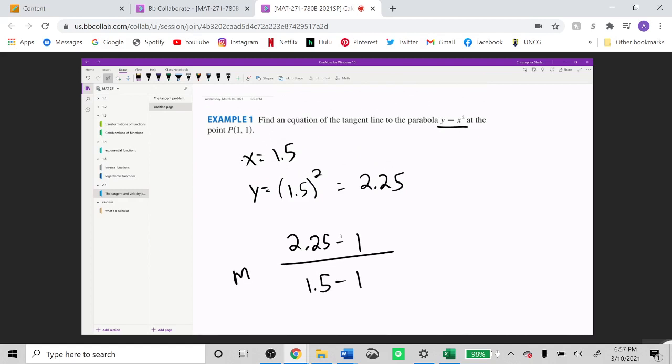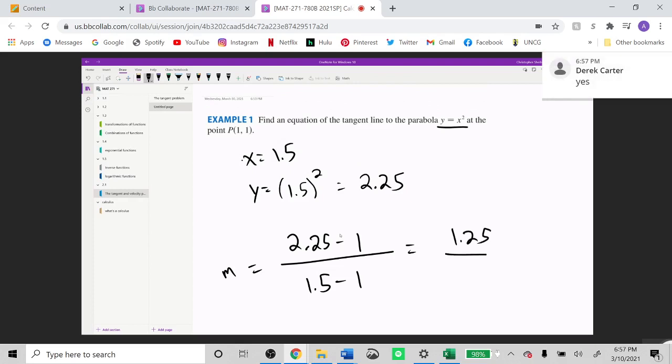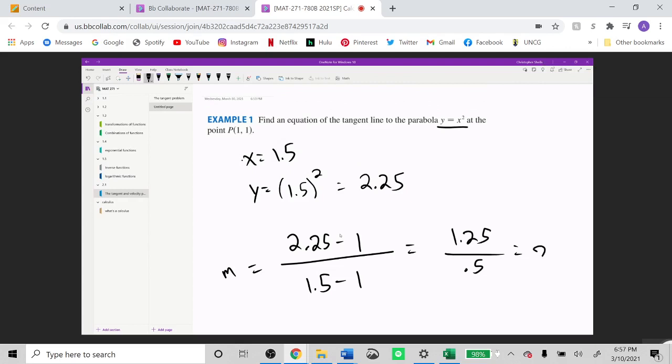Do we agree? So this gives me 1.25 divided by 0.5. And this is 2.5.